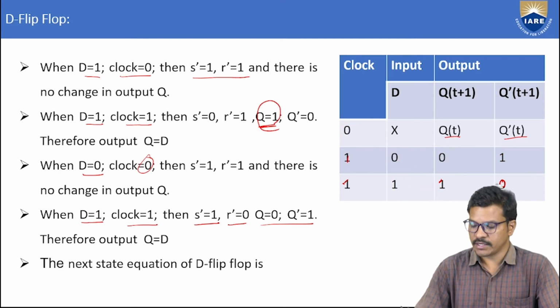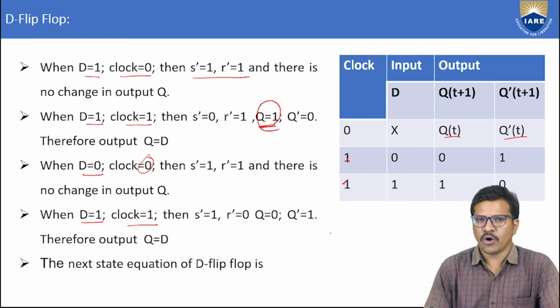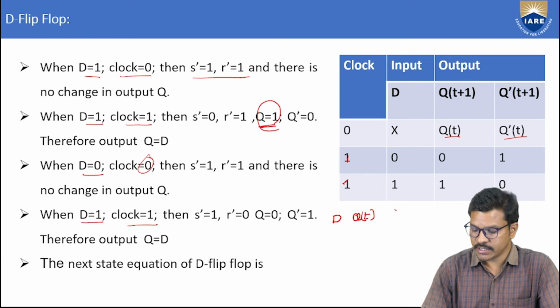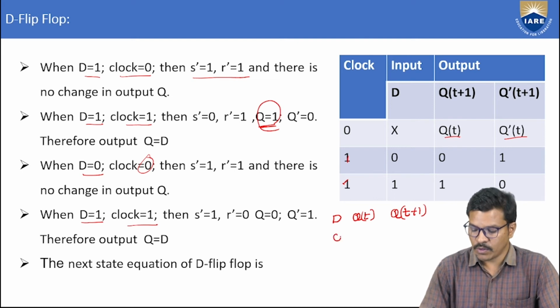Let us see that characteristic equation. How many inputs are there? D and the present state Q, Qt. And what is the next state? Qt plus 1, for example. When D is equal to 0, if present state is 0, next state is also 0.